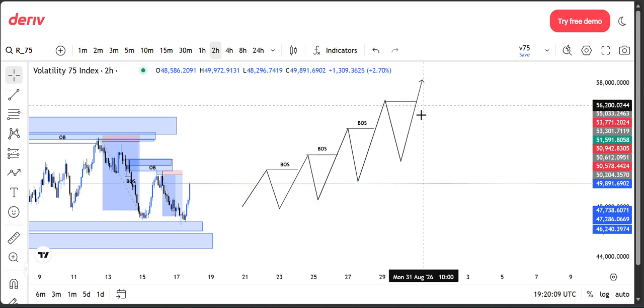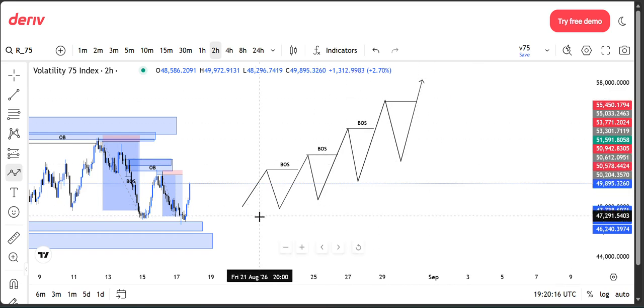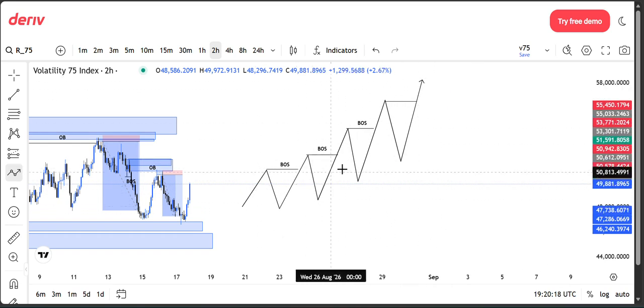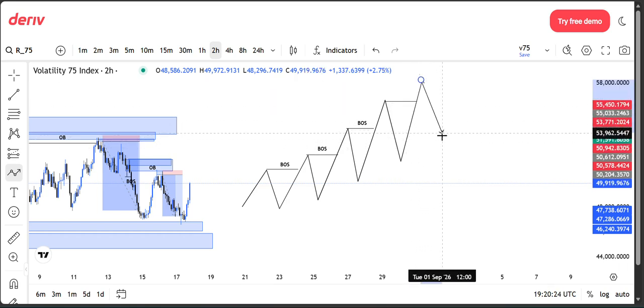All right, so what then is change of character? For change of character, let's say we were going upwards, which is a bullish trend, and then getting to this zone, price chooses to change direction.